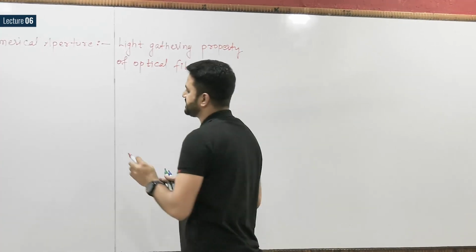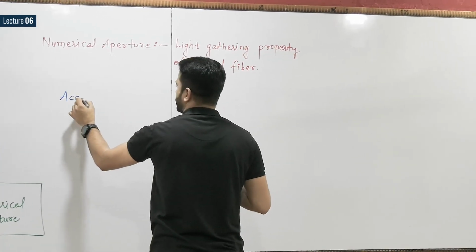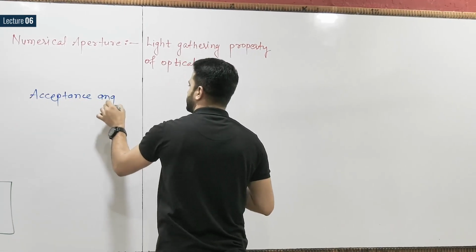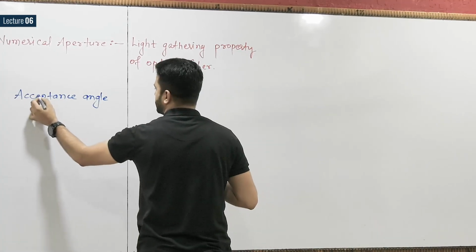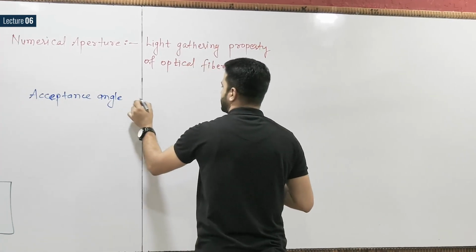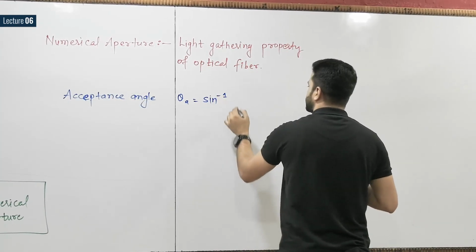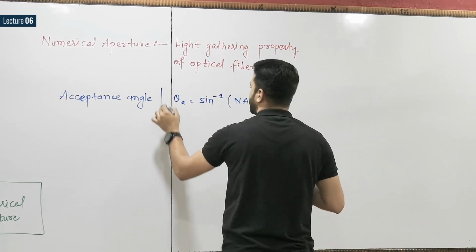And what is the acceptance angle? The formula for acceptance angle is theta A is equal to sine inverse numerical aperture. Numerical aperture can be denoted by NA.